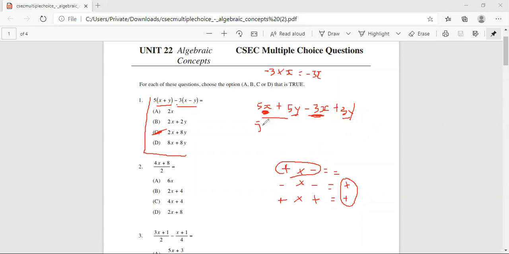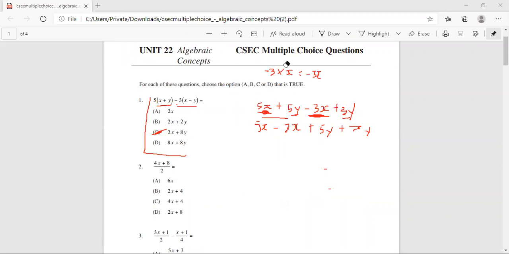We're grouping the x's. 5x, and remember we have a negative 3x. So grouping like terms. Don't forget that. Then we put the y's together. We have a plus 5y plus 3y. Good.